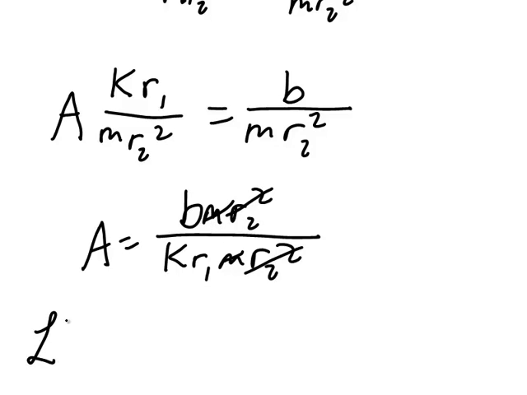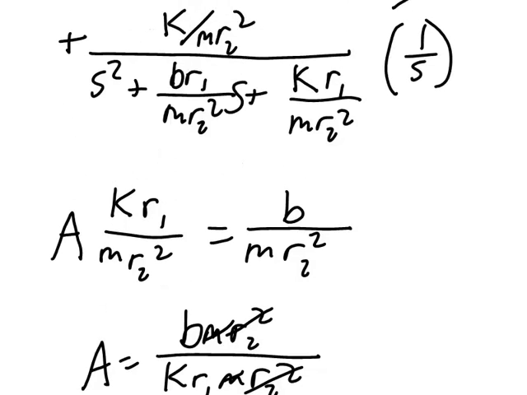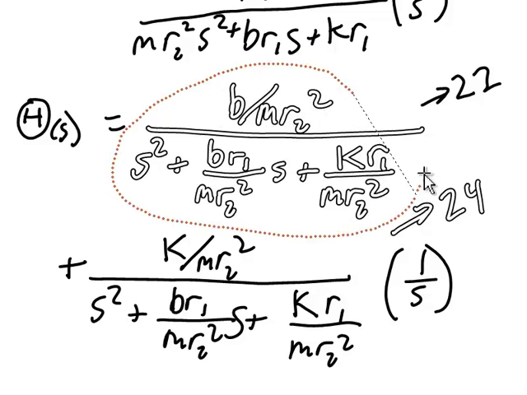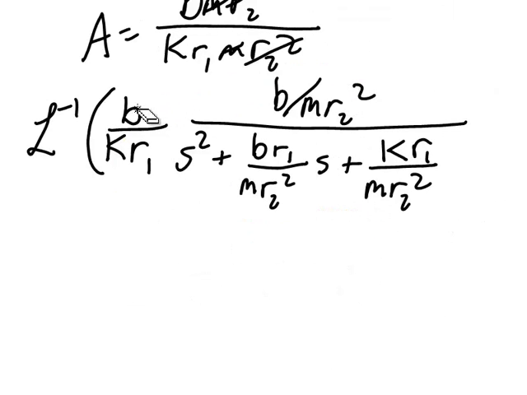And now what I have to take the inverse Laplace transform of is the value of a times this term, except that I've used this constant to get my numerator to match this term right here.